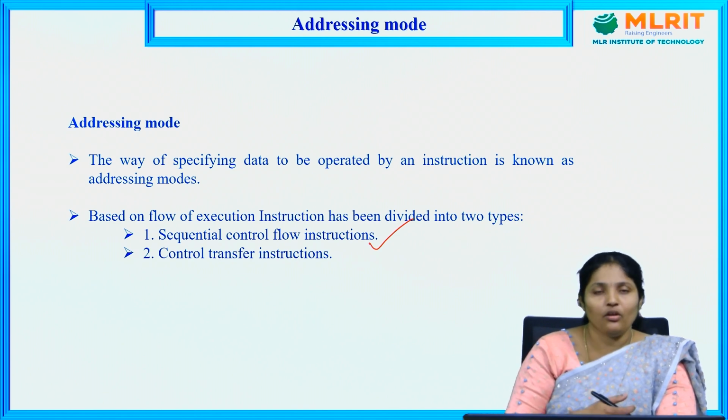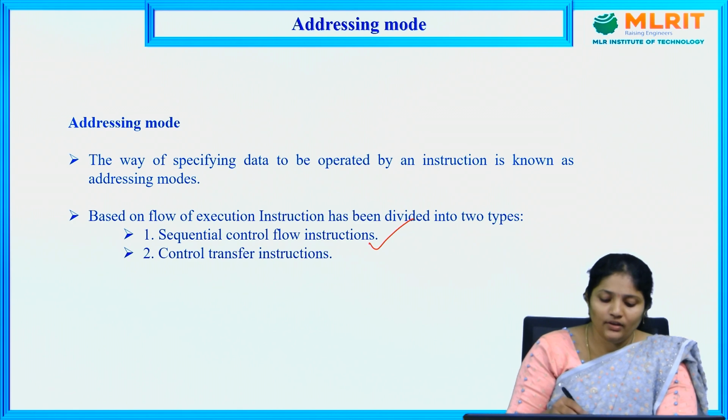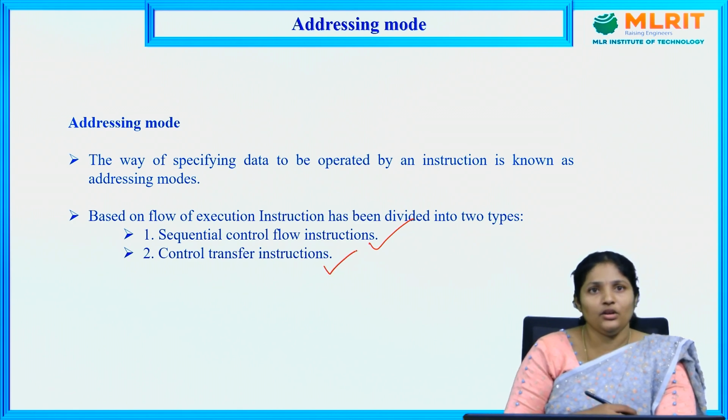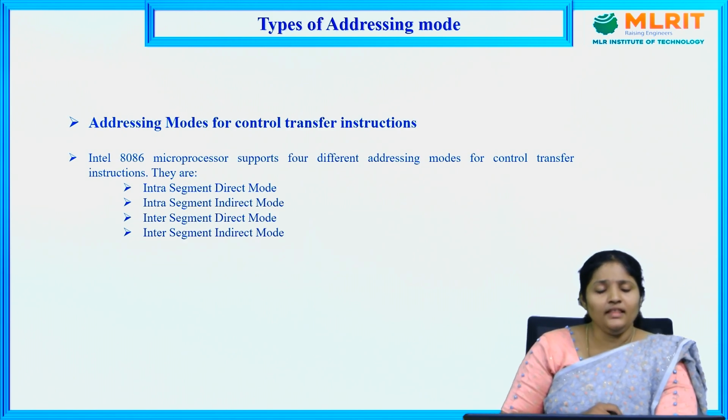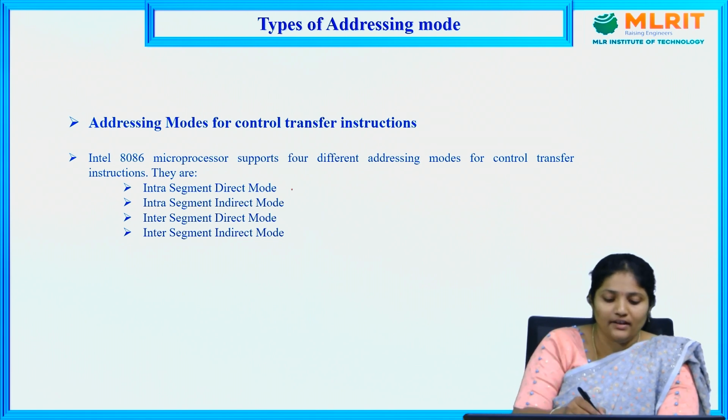I already discussed those 8 addressing modes in part 1. If anyone didn't look into that, please refer to that video. In this video, I will discuss the addressing modes present in control transfer instructions. In control transfer instructions, we have 4 addressing modes.